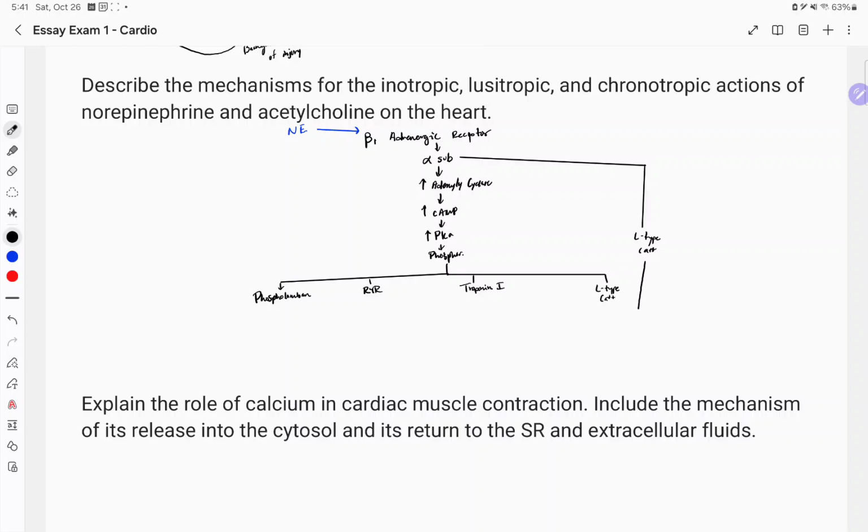And so with phosphorylation of L-type calcium channels, we're going to open more of these calcium channels, which of course is going to increase calcium levels. And when we have higher calcium levels in our muscle cells, we know that means greater contraction strength.